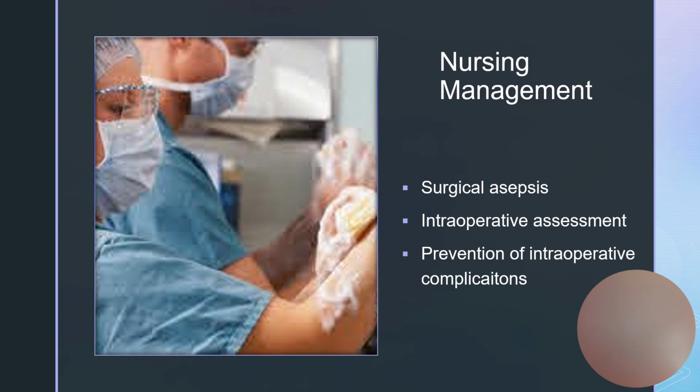The client's safety and protection during surgery are essential, and strict protocols are followed to protect the client from infection. There is an intraoperative assessment prior to anesthesia administration. This can be done by the circulating nurse. During the procedure, the circulating nurse does not monitor the client.